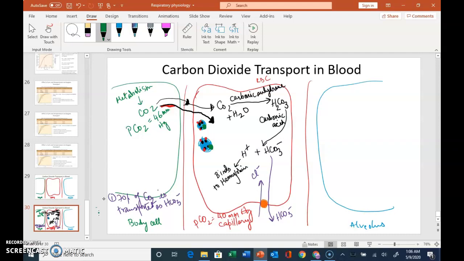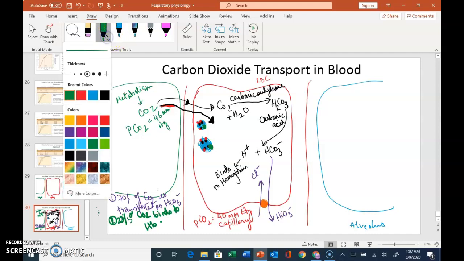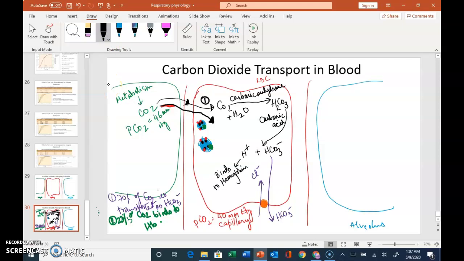And gets transported. And this is about 23%. 23% of carbon dioxide binds to hemoglobin and gets transported. All right. So, my dear, this was number 1 route. This is number 2 route. Do you agree? What else?